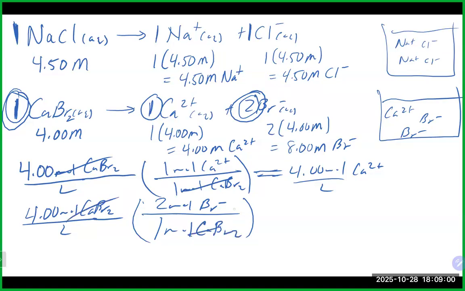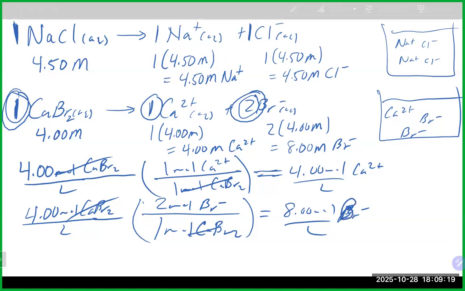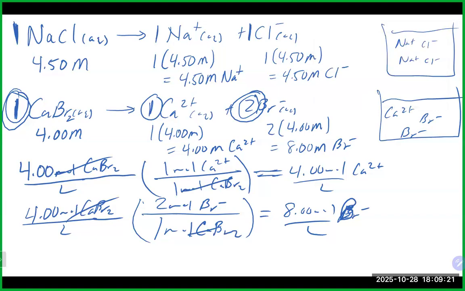The moles of calcium bromide cancel, and we end up with 8 moles per liter of our bromide in this particular case. So the quick way is really just multiply by the coefficient. It really is a mole-to-mole relationship that you're doing when you do that.